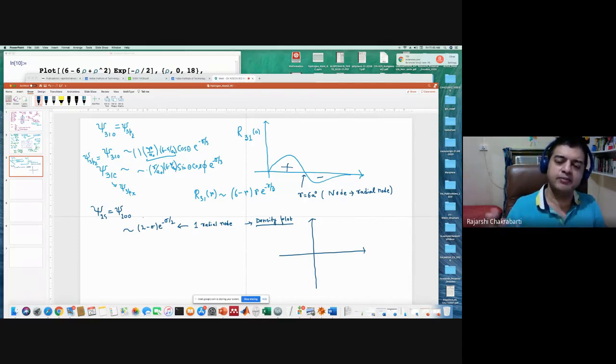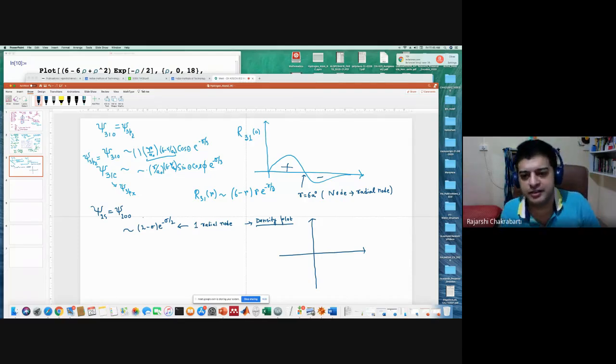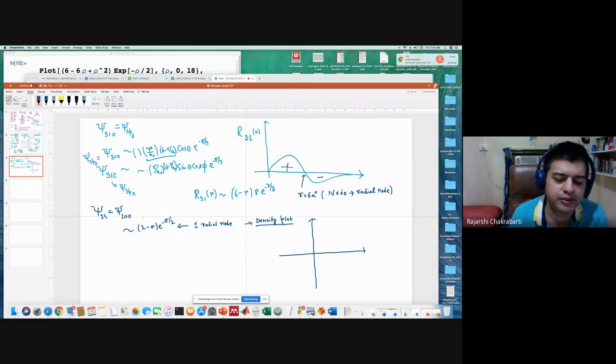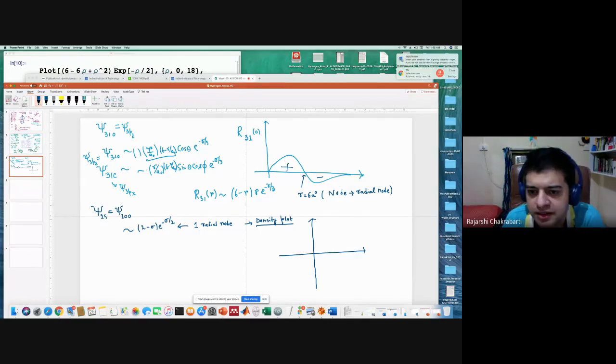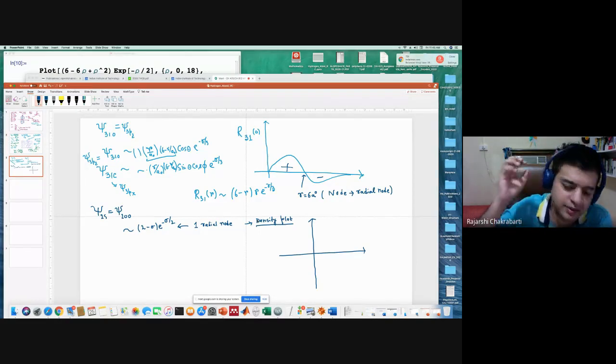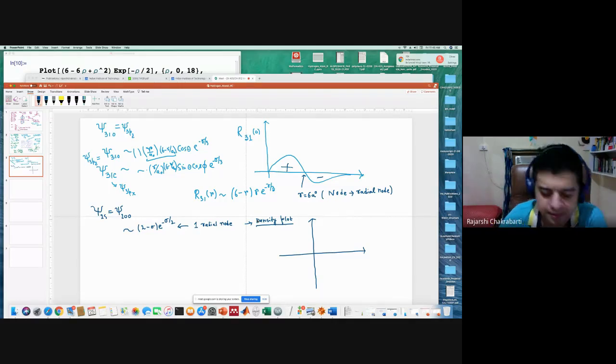You can take psi and make a density plot of that psi. Density means, for example, psi density plot, not psi star psi. Here the density means it's the value of psi.